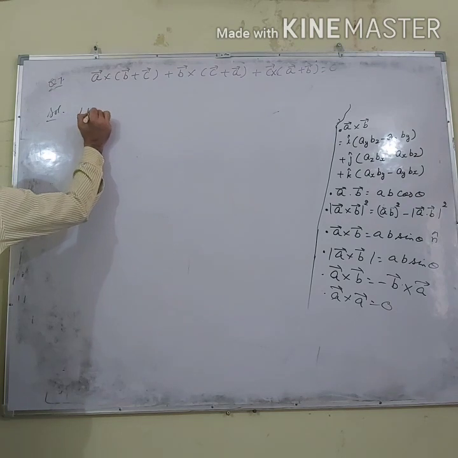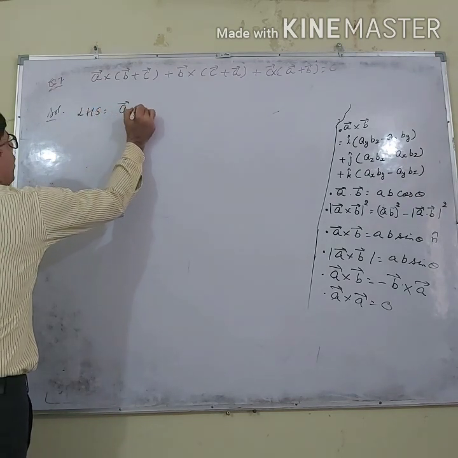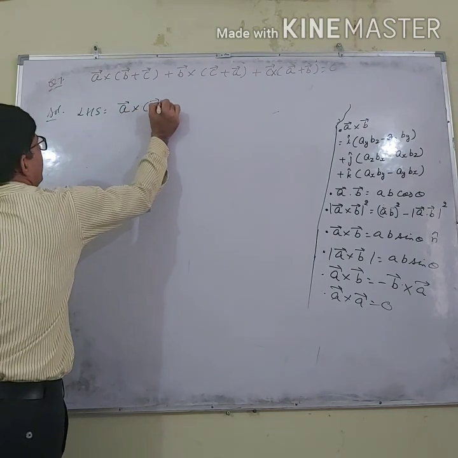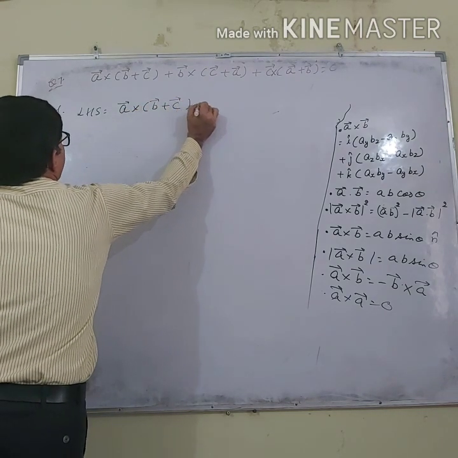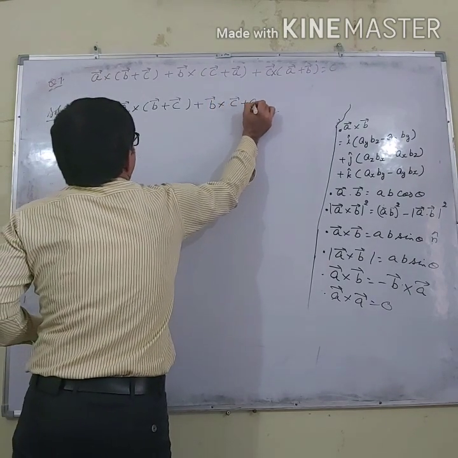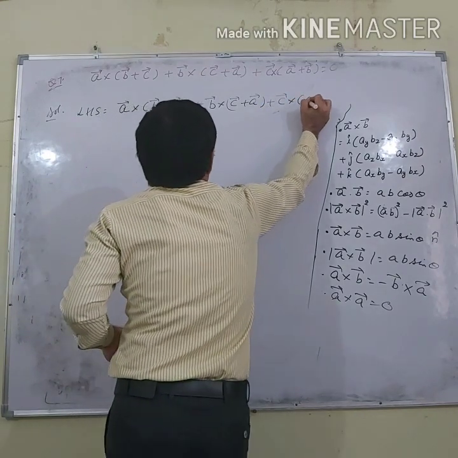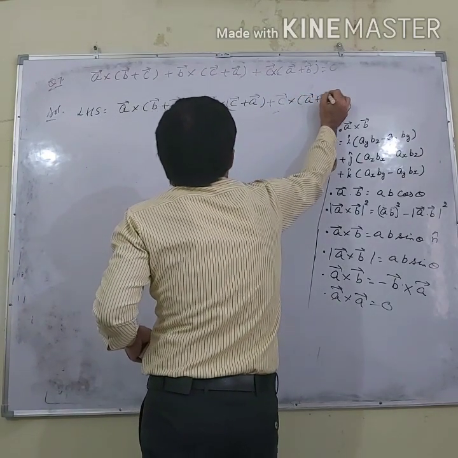Left hand side is equal to A cross (B plus C) plus B cross (C plus A) plus C cross (A plus B).